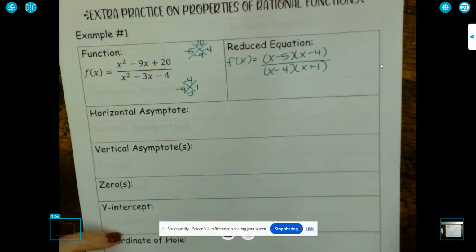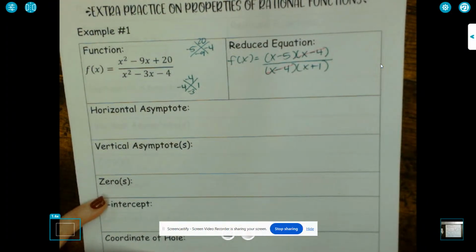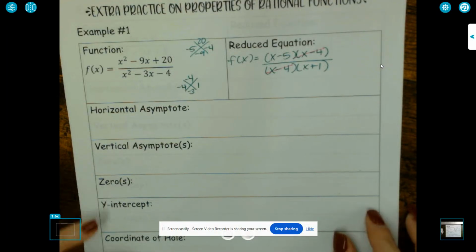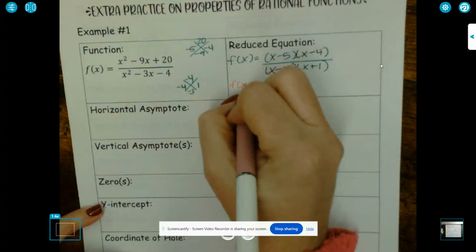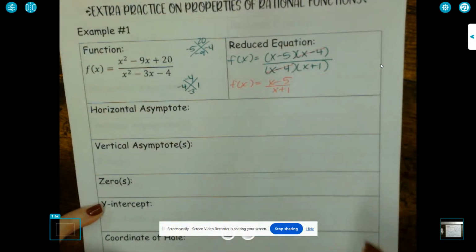All right, so we're factored. And we see here now that our x minus 4s are going to cancel. That gives me a reduced equation of x minus 5 over x plus 1.